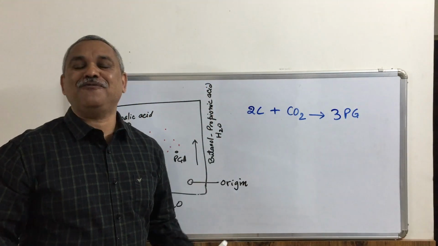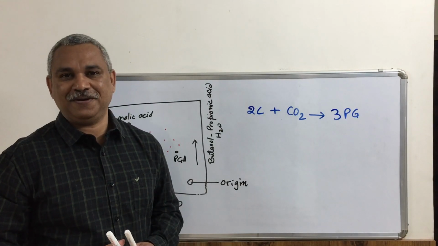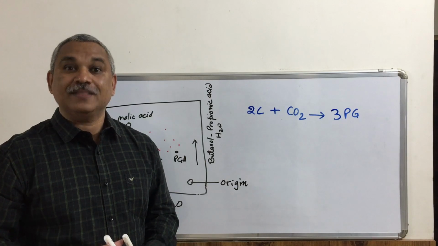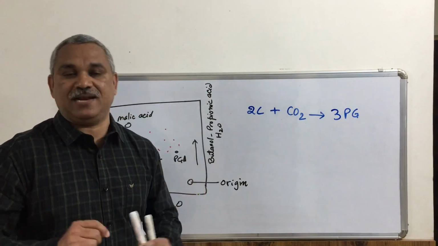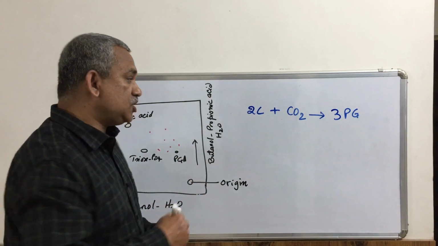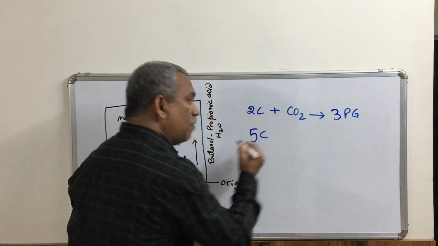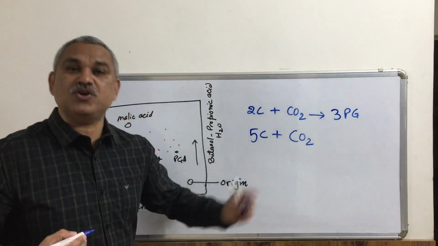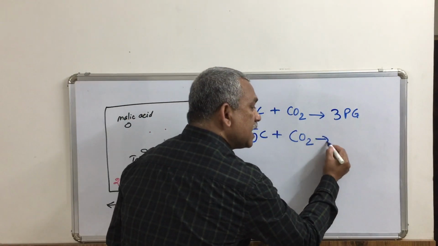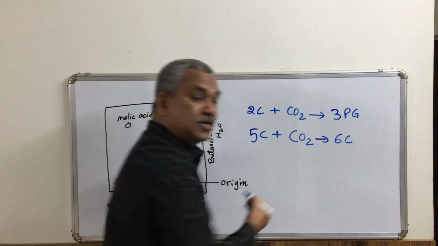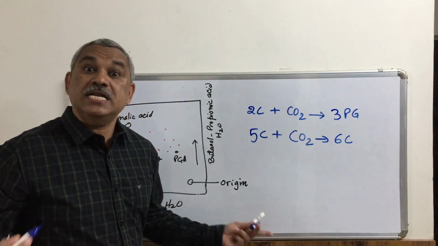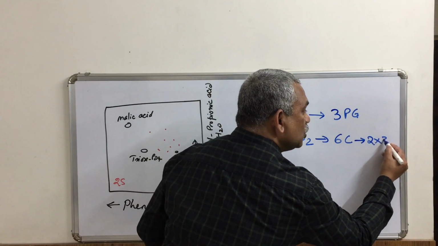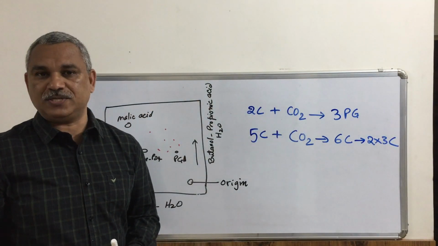They began looking for this 2-carbon compound, but they could not find it. That led to the assumption that there must be a 5-carbon compound to which a 1-carbon CO2 is added, giving rise to a 6-carbon compound which may be unstable and splits into 3-carbon compounds.